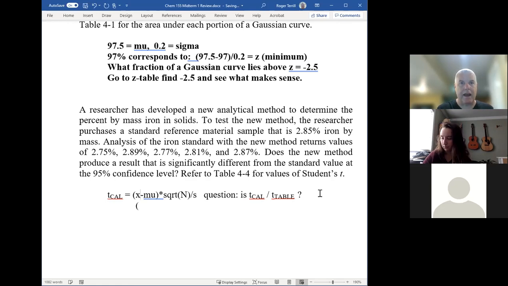It's basically x average minus mu. You can calculate x average, and then mu here is 2.85%, right?